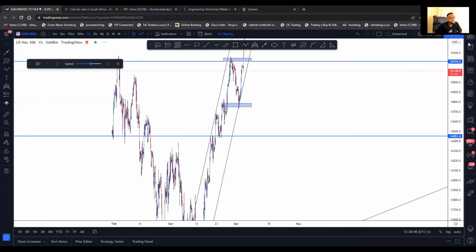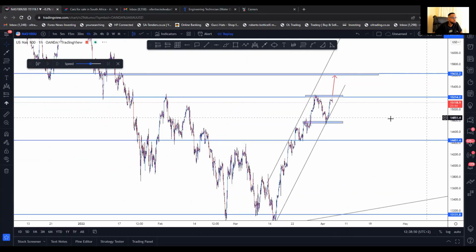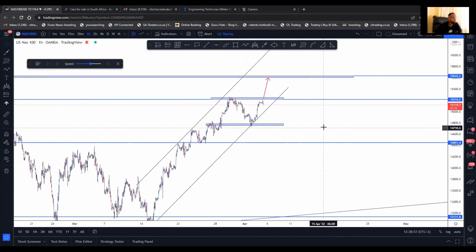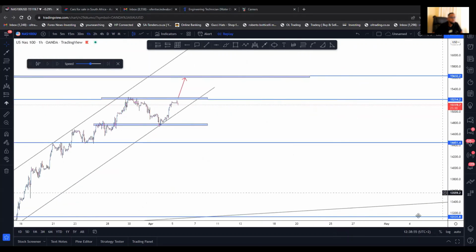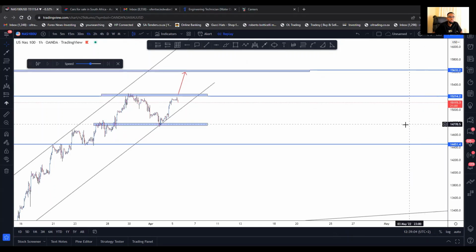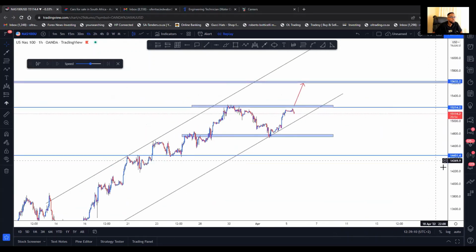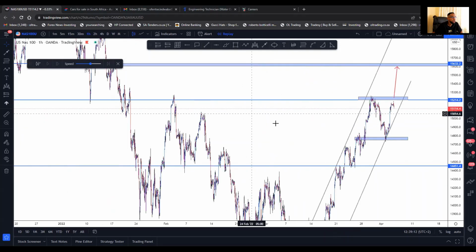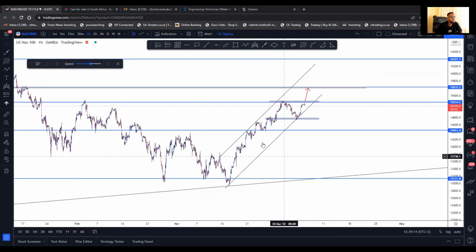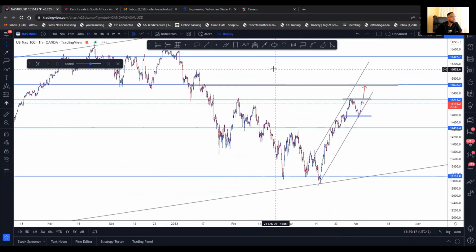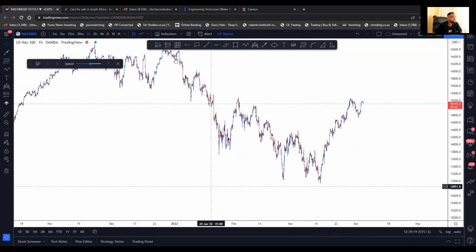Now I'm gonna look at Nasdaq, which is what most people like. I wanted to show you guys why I have this type of analysis. Start from scratch.